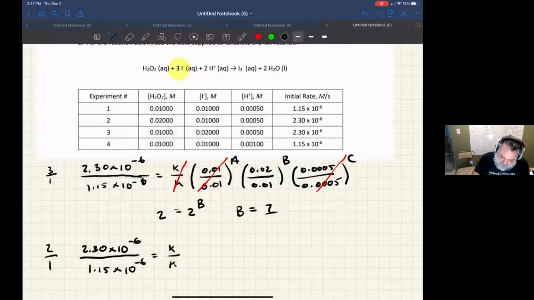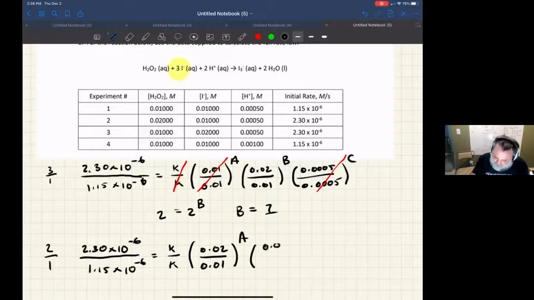That equals my K's. They're going to cancel. The H2O2 is 0.02 divided by 0.01. That's to the A power. Then I is 0.01 divided by 0.01. That's going to cancel. And then H was 0.0005 divided by 0.0005.